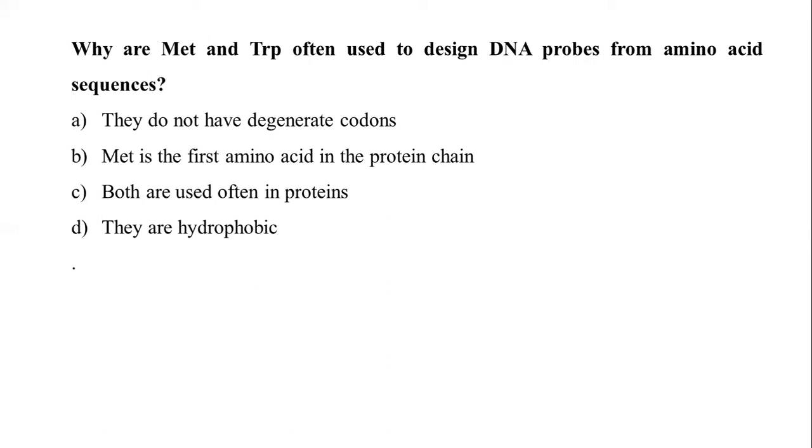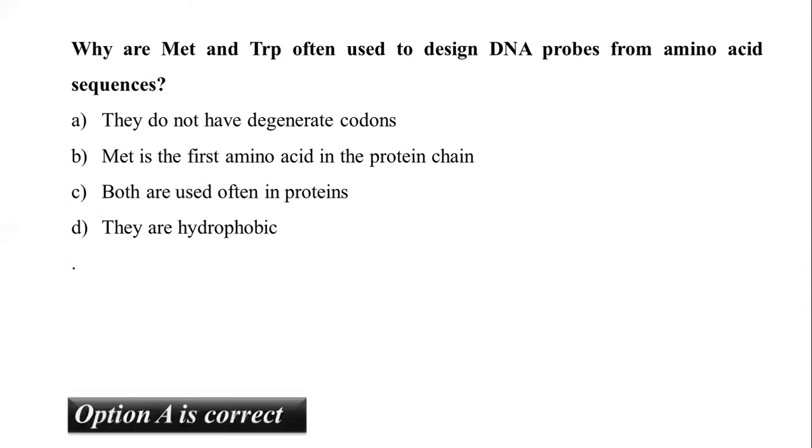Now, the redundancy of the genetic code, that is the existence of 2 or more codons for a particular amino acid, presents a problem in designing an oligonucleotide probe based on amino acid sequences, right? The correct option would be that they do not have a degenerate code. Methionine and tryptophan do not have a degenerate code, and that is why they are used in preparing DNA probes from the amino acid sequence.